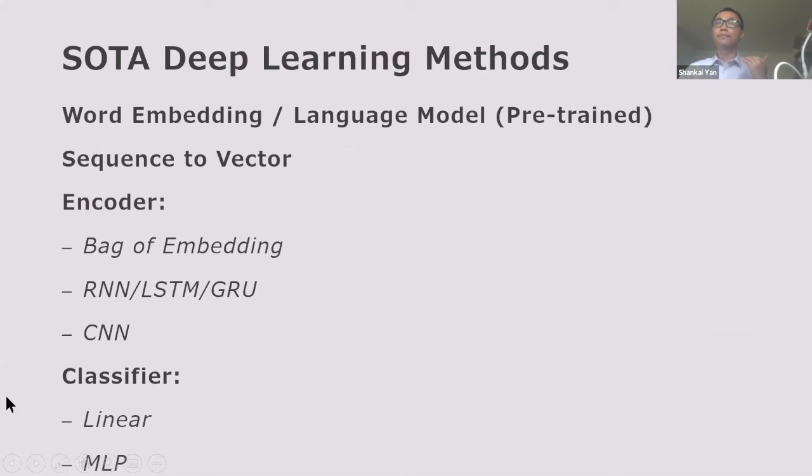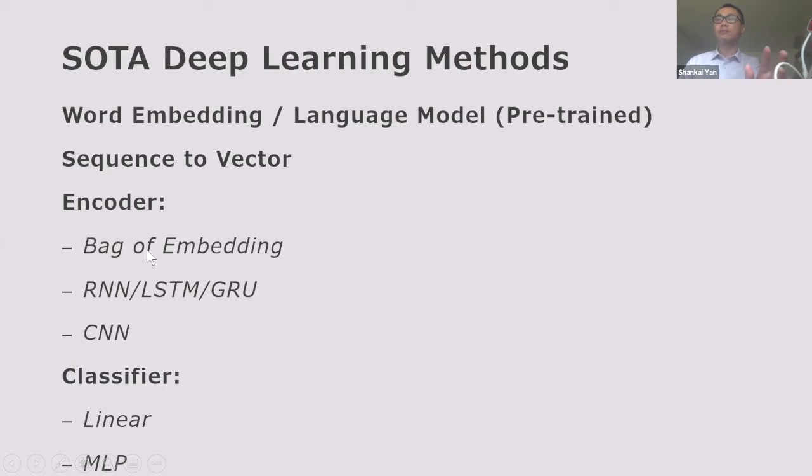But in contrast, the state-of-the-art deep learning models mostly use neural networks, and you can use word embedding or language models, or combine them together. If you are working on a document level or sentence level, you might be interested in the sequence-to-vector encoder here.